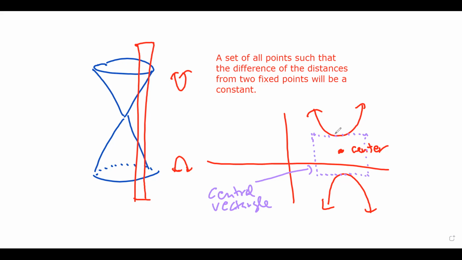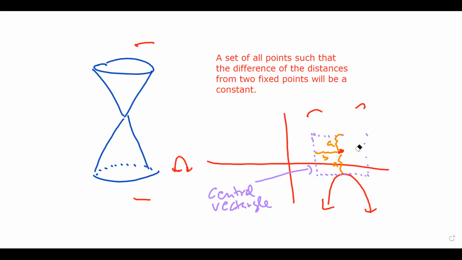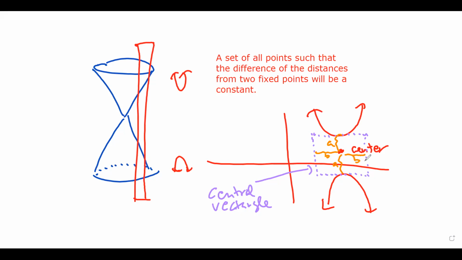This distance is going to be called A, and that's called A. This we call B, and that'll be called B.